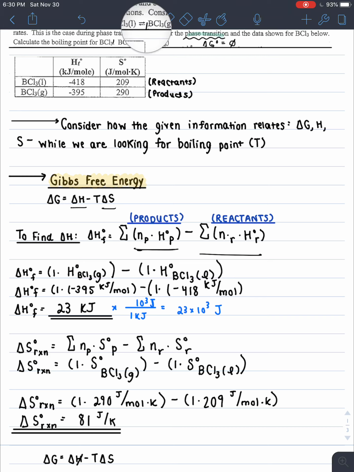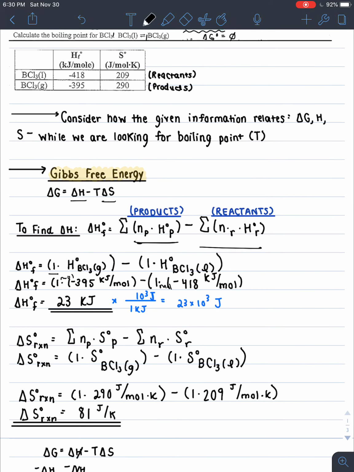So we take 1 mole of product times the enthalpy of the product, which is negative 395 kilojoules per mole, minus 1 mole of reactant times negative 418 kilojoules per mole. Plugging into the calculator, you get 23 kilojoules, which, with a quick conversion, because you need like units, is 23 times 10 to the third joules.